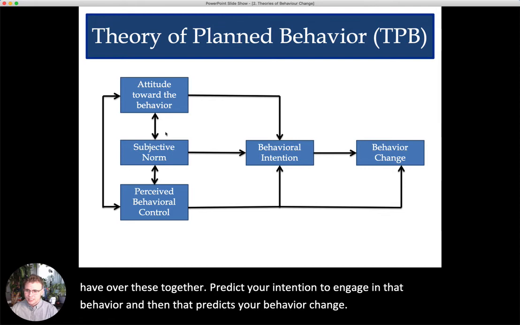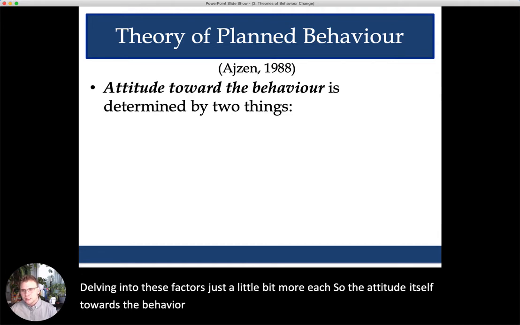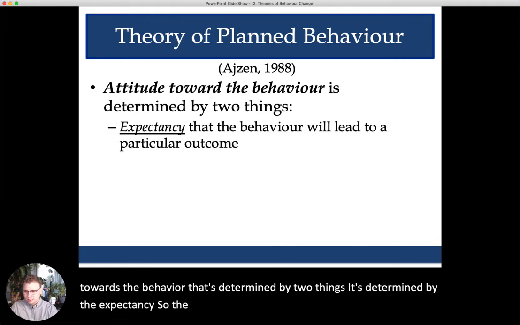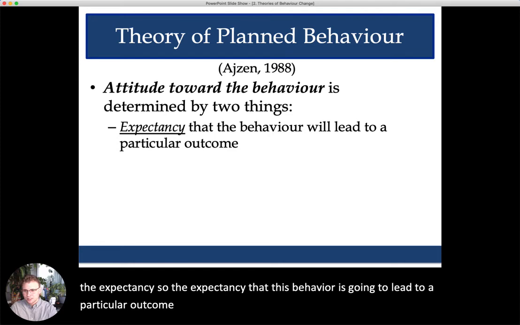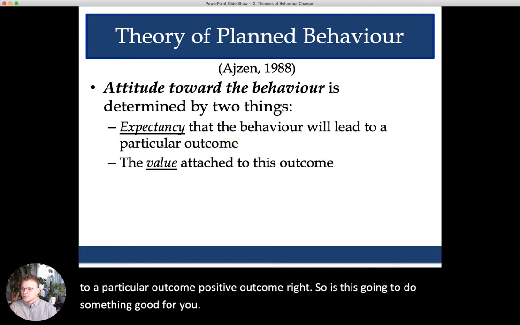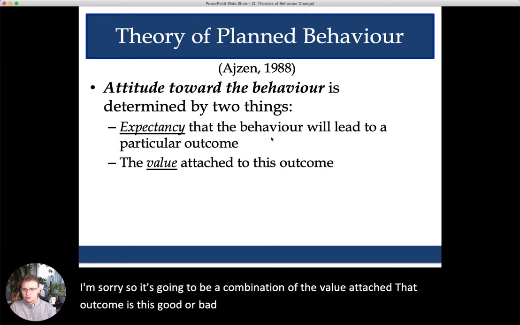Just delving into these factors a little bit more each. So the attitude itself towards the behavior is determined by two things. It's determined by the expectancy that this behavior is going to lead to a particular outcome, a positive outcome, right? So is this going to do something good for you? So it's going to be a combination of the value attached to that outcome, is this good or bad, the outcome, and how likely you expect that outcome is going to occur, right?